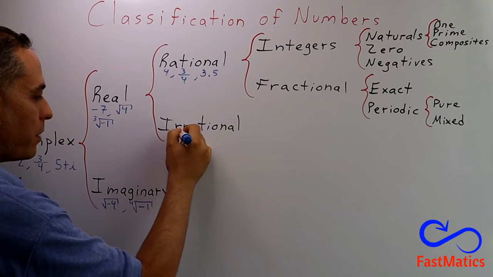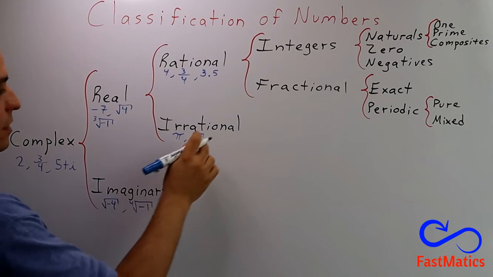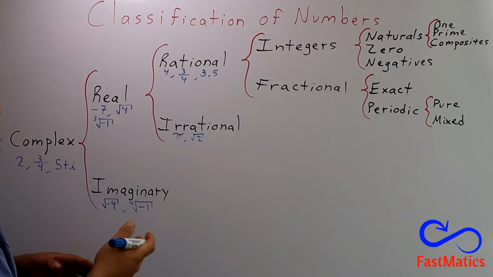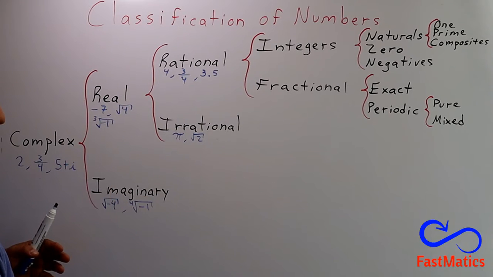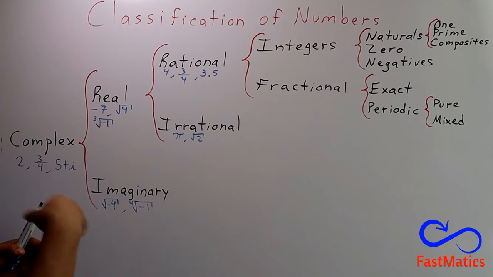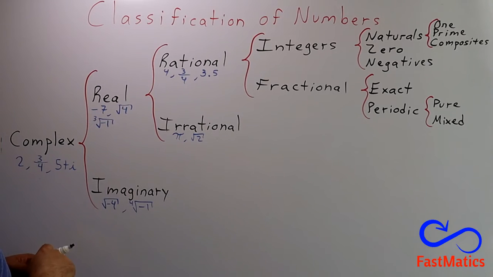Irrational numbers are pi, square root of 2, etc. Those are numbers that have decimals that are not periodic, that will go to infinite, and will never end. And decimals are not going to repeat. Okay?